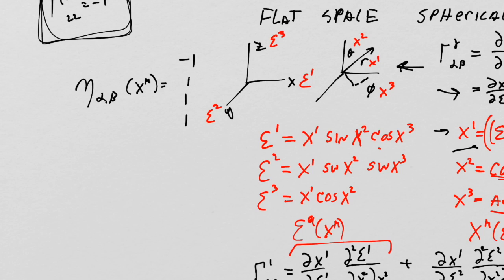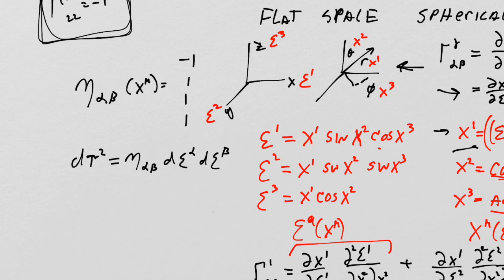Well, you know that this interval of proper time, tau, is invariant, right? And we know that it equals eta alpha beta dc alpha dc beta.